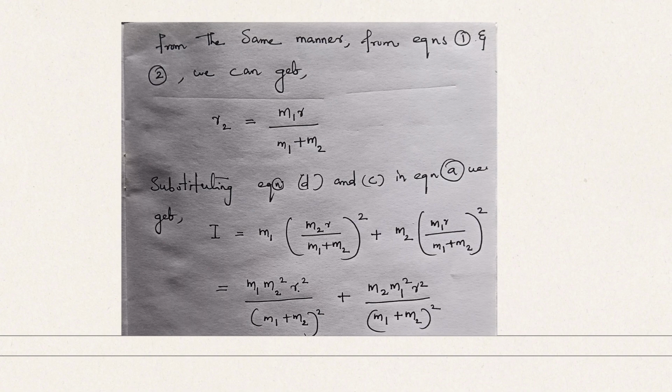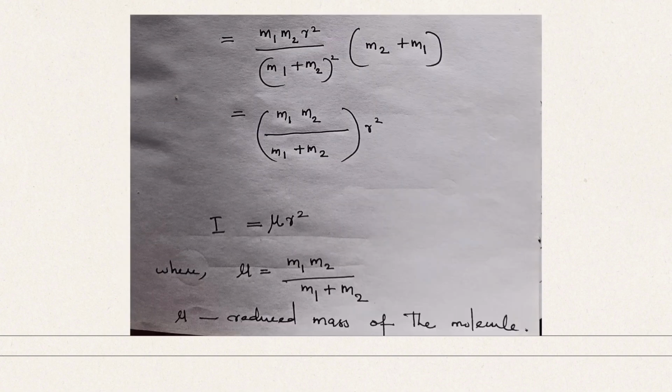Substituting equations D and C in equation A, we get I = m1 (m2 r / (m1 + m2))² + m2 (m1 r / (m1 + m2))², which is equal to m1 m2² r² / (m1 + m2)² + m2 m1² r² / (m1 + m2)², which is equal to m1 m2 r² / (m1 + m2)² times (m2 + m1), which is equal to m1 m2 / (m1 + m2) times r².